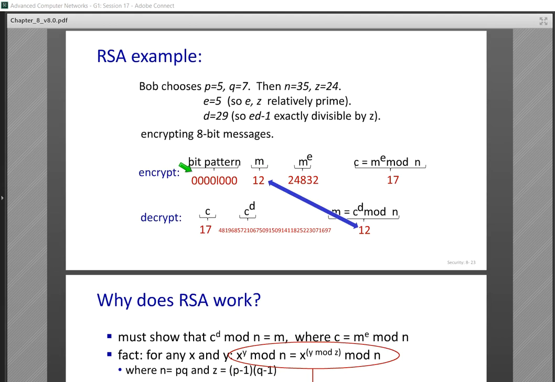So simply I can apply them. So this one here, the big pattern is this, and the value of this pattern is 12. M in power of D is 2488.